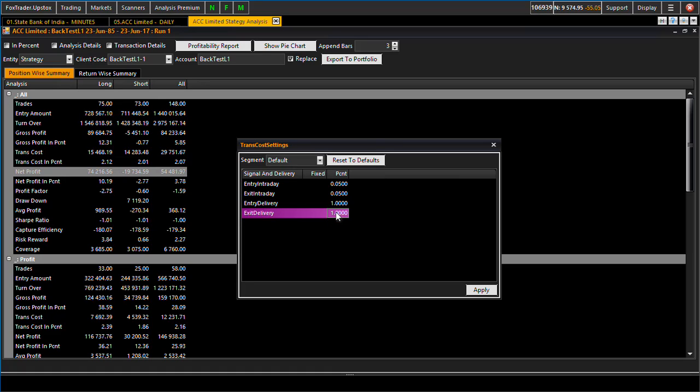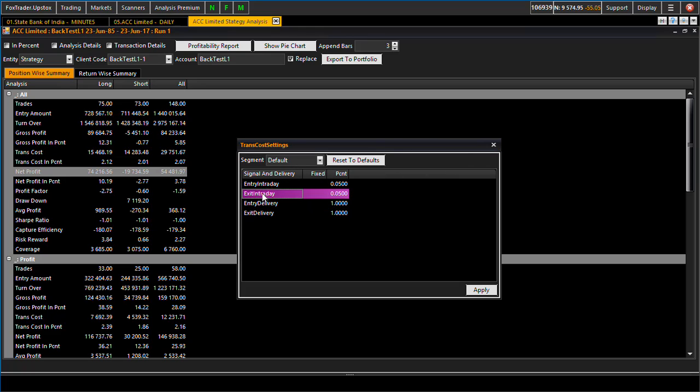So this 1%, 2% from a single trade I'm deducting flat. That will take care of everything: your slippage, your brokerages, your STT, exchange charges, everything. So 2% flat I'm deducting from each and every trade that is taken out of this trading strategy.